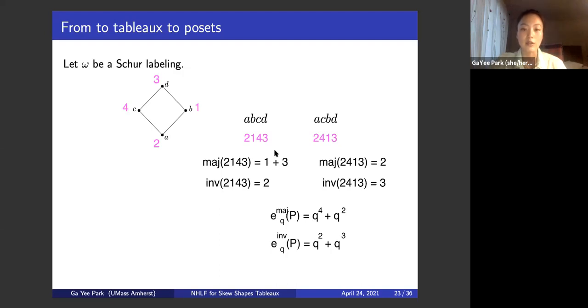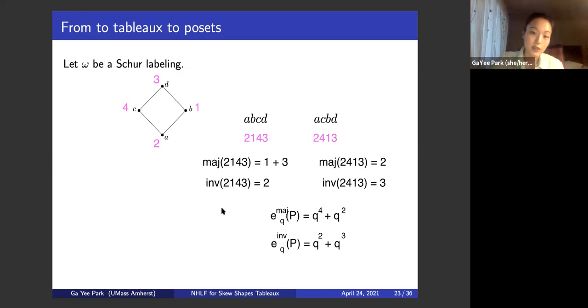So the major index for this one is 1 plus 3, which is equal to 4. For the sequence 2, 4, 1, 3, there is a descent from 4 to 1, which is in position 2, and that's it. So the final q-analog for this poset with this particular labeling would be q to the power of 4 plus q to the power of 2.